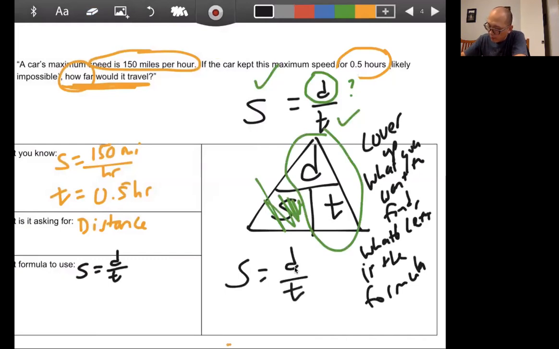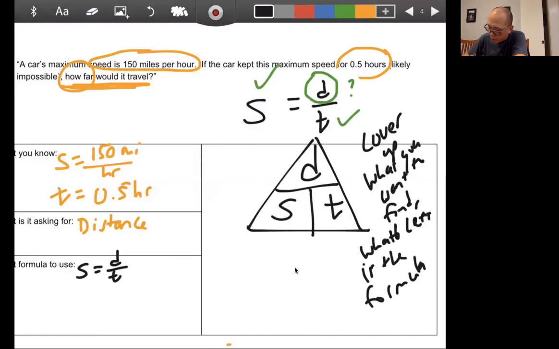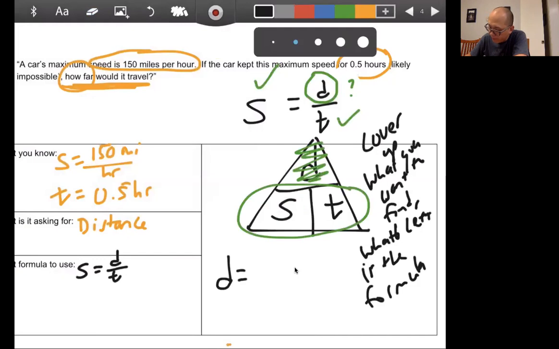But this time we're not finding speed. What is it that we're trying to find? It says we're asking for distance. So cover up the distance. Put D equals down here. What's left is the formula: S and T, but they're not on top of each other, they're next to each other. So we look at this like multiplication.